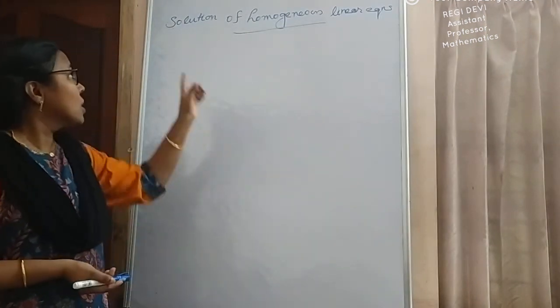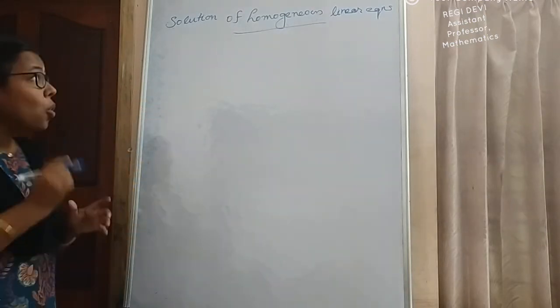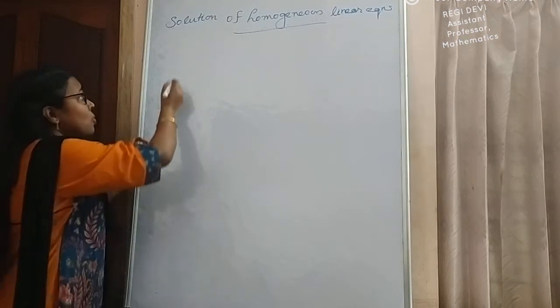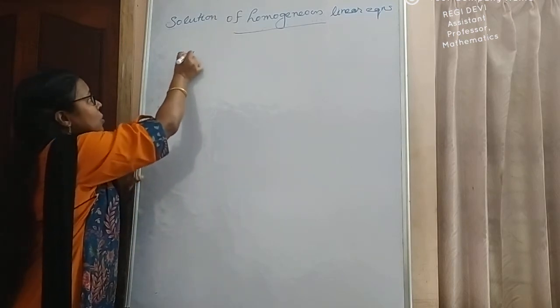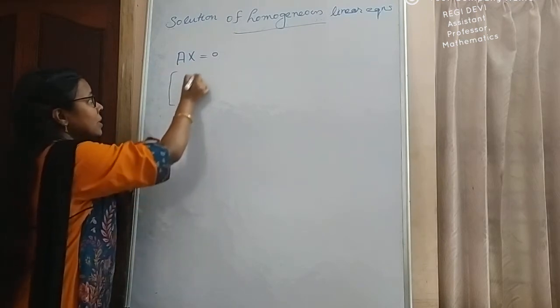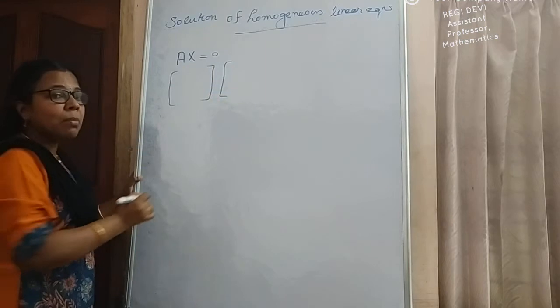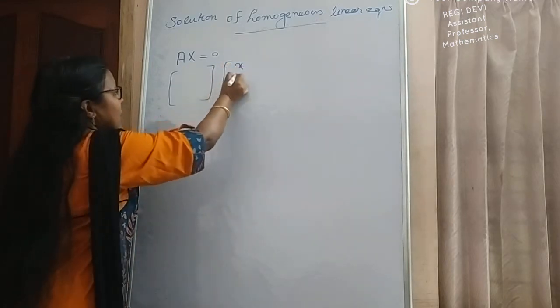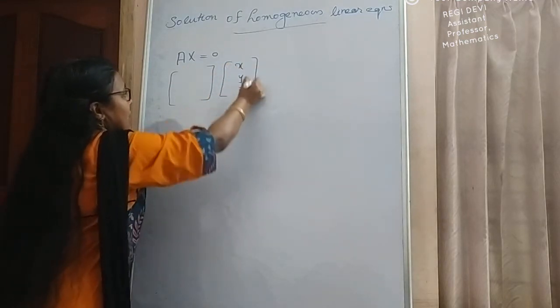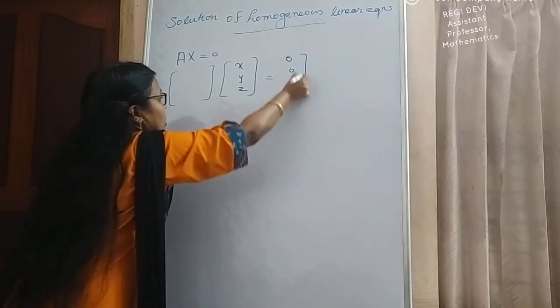Next topic is solution of homogeneous linear equations. Homogeneous linear equations are of the form Ax equal to 0, where A is a matrix and X is the variable matrix x, y, z equal to 0, 0, 0.